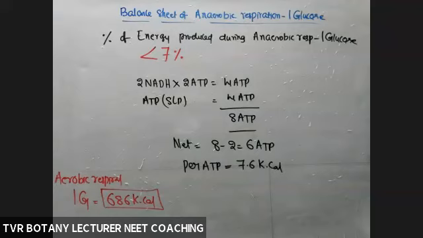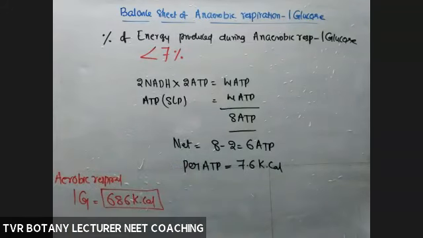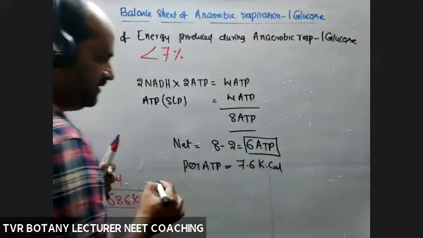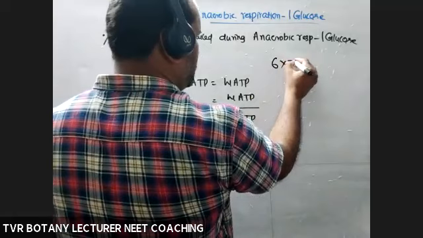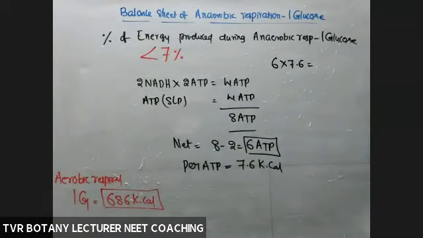In an ATP molecule, what is the total number of phosphates? 3 phosphates. If the last bond attaching the last phosphate is hydrolyzed, the amount of energy possible is 7.6 kilocalories. So what about the net gain of energy? 6 molecules of ATP, so 6 into 7.6. Simplify it.